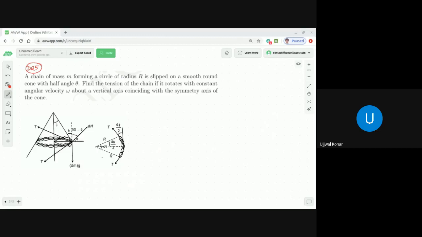So the first equation we are going to form is that it is 2t sine d phi by 2, minus dn cos theta, that is equal to dm into omega square into r. So this is our first equation.